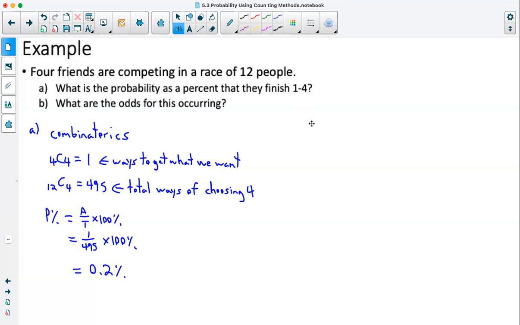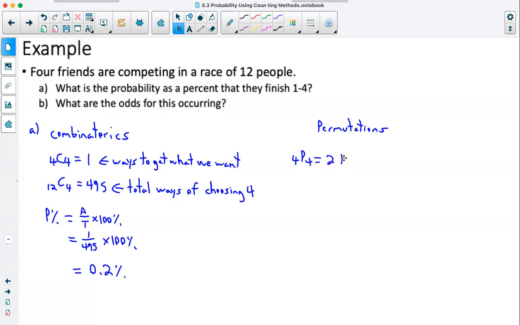Now, if we had done it with permutations instead, essentially, we want to have those 4 selected in the top 4. Now, the order that they finish will matter.